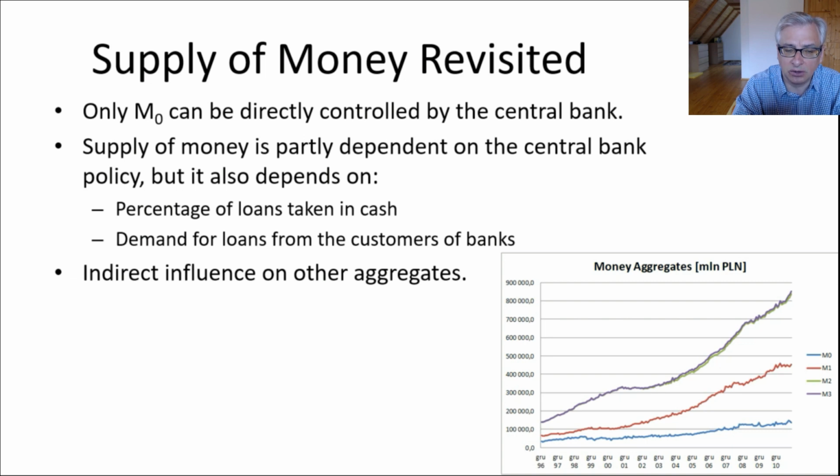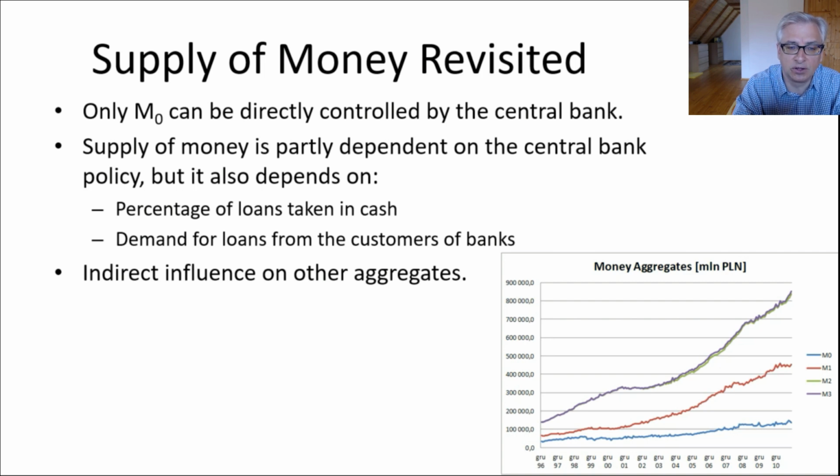As you already know, the possibilities for banks to create money depend on two things: the percentage of loans taken in cash and demand for loans from the customers of banks. Additionally, obviously, the required reserve ratio plays some role here. So there are three elements here. The required reserve ratio is fully controlled by the central bank.